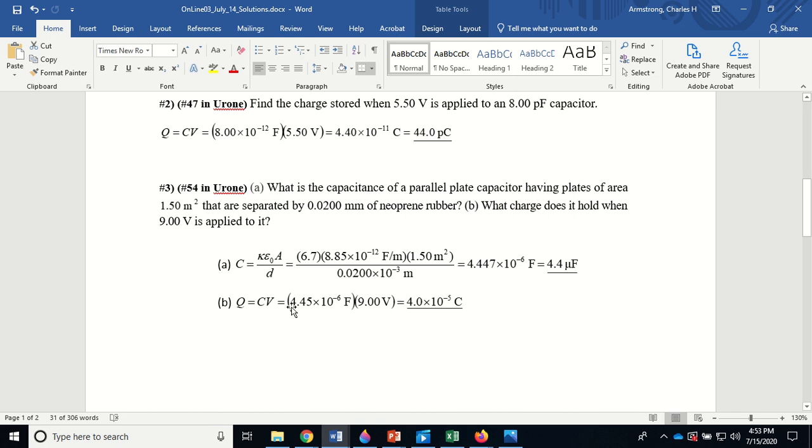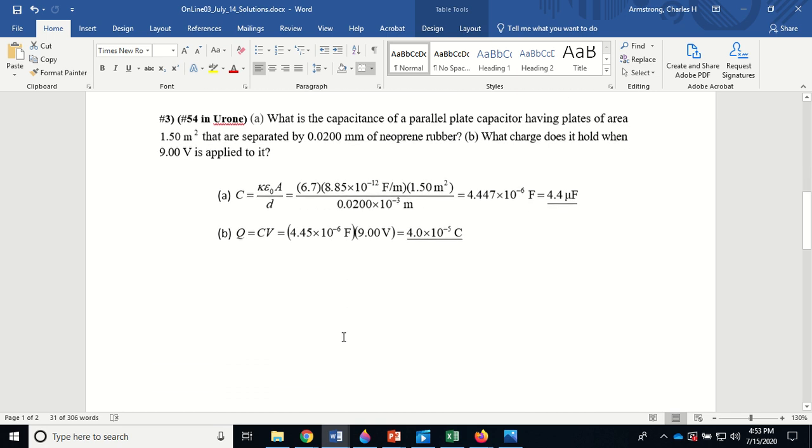You go back to your 3 digits of accuracy and your 3 digits of accuracy, but then you have your answer at 2 digits, because this guy here is still sticking you with the 2 digits of accuracy. So you simply take your capacitance times your voltage, and you can store 4.0 times 10 to the minus 5 coulombs of charge on this capacitor if you put 9 volts across it.